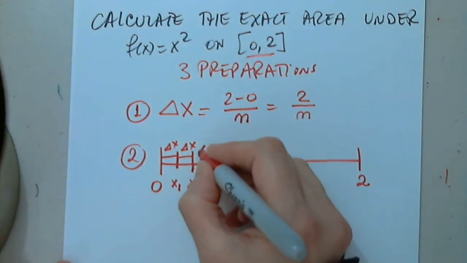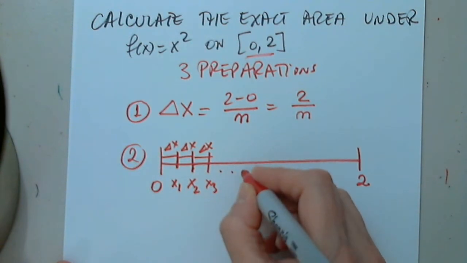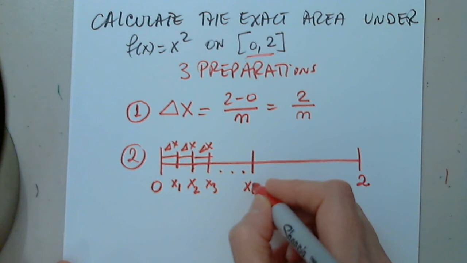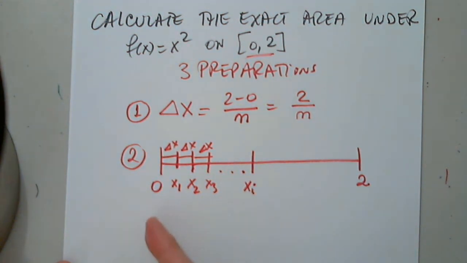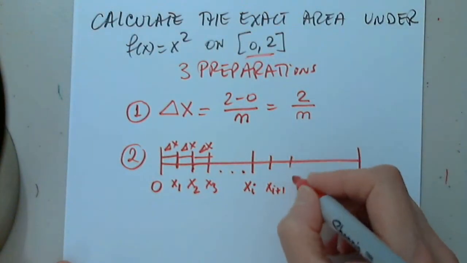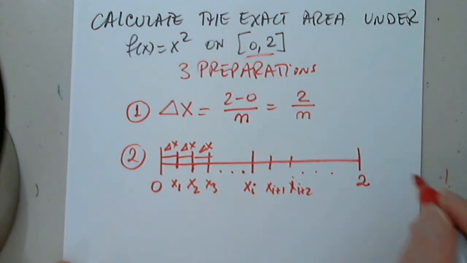Delta x again, and I get to x3. Dot, dot, dot, I get to xi, because i goes from the first one to the last one. Xi plus 1. Xi plus 2. Dot, dot, dot. Till the last one.